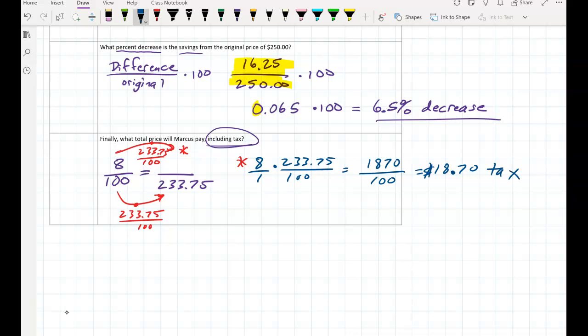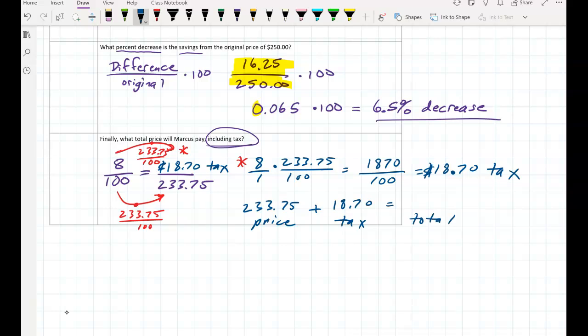Now, we have to add that to the price of the bike. So, $233.75. That's the price. Plus $18.70. That's our tax. And that's going to equal our total.